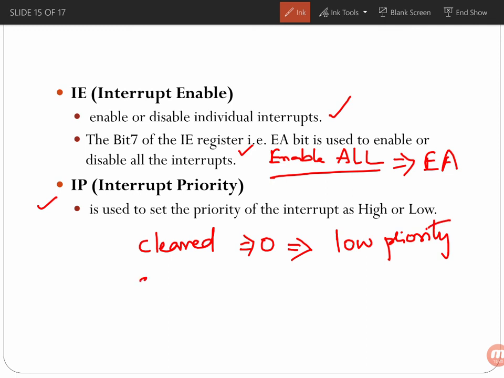And if the bit is set, it is assigned high priority. This is how we can assign priorities to the 2 external and 3 internal interrupts of the 8051 microcontroller.